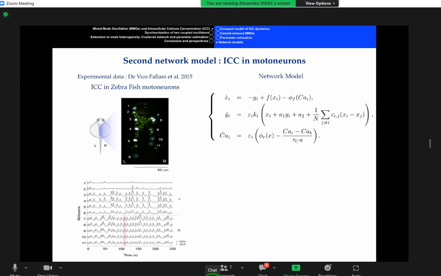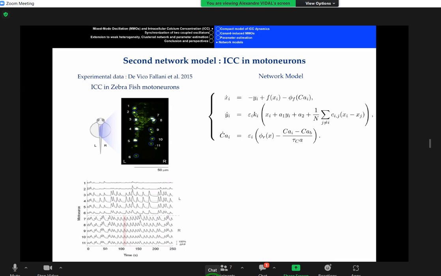So it's quite natural to introduce a network model using a coupling of the electrical activity, because the calcium-induced calcium release mechanism is induced by the electrical activity. But it's through an ionic, slow mechanism.